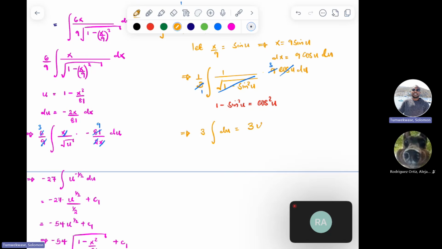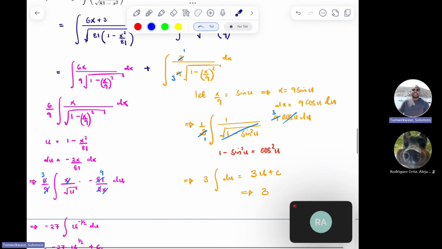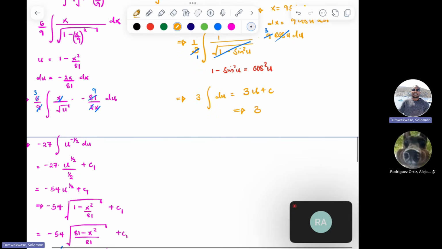And this is 3u plus c. Back to the variable x, this is 3, but u from this expression here is arcsine of x over 9, then plus c.